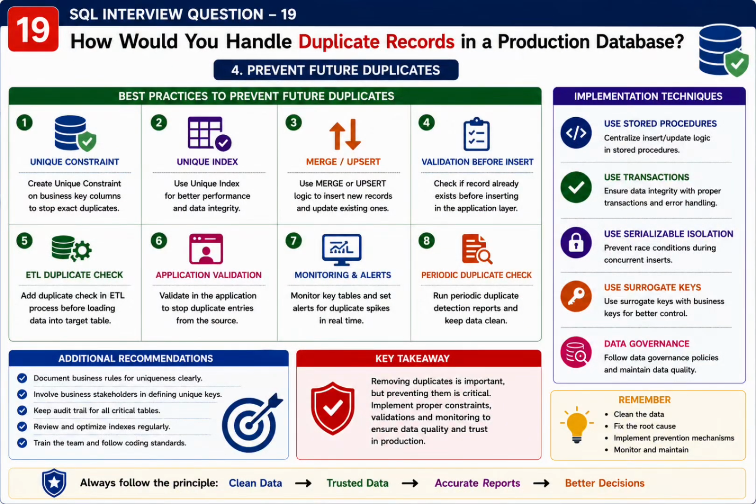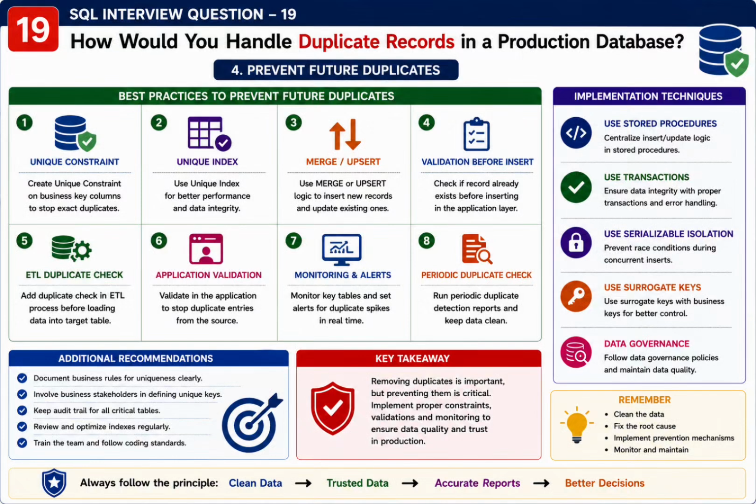If the business allows it, I create a unique constraint or unique index on the appropriate business key columns. This ensures SQL Server itself prevents duplicate data. In the application layer, I validate whether the record already exists before performing an insert. If we are using ETL tools like SSIS or ADF, I include duplicate validation before loading the data into the target table.